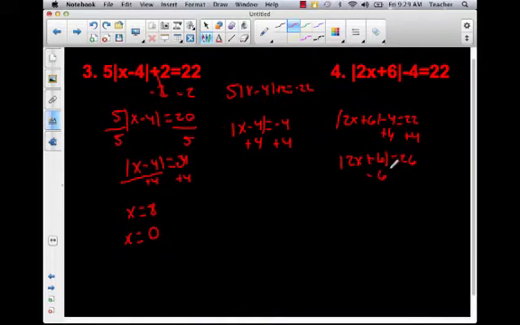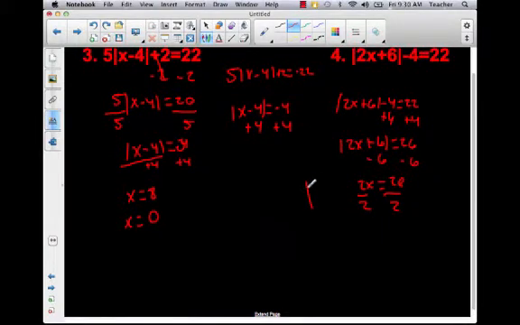I'm going to subtract 6 now, which is 20. 2x is equal to 20. We'll divide that bad boy out. I'm sorry, 10. I lied. Sorry about that. X is equal to 10.